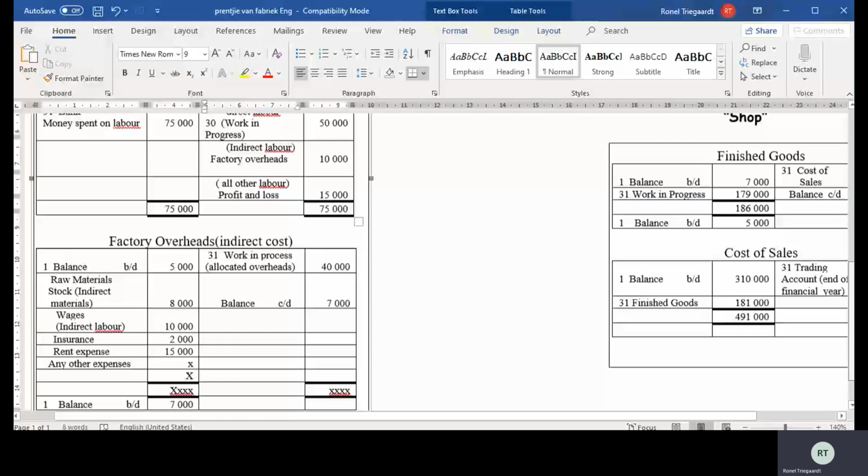So we are going to do an exercise. Activity 10.12. But I need to add balances there because there are none, and that is the easiest one. This is on page 361. I'm going to add balances.